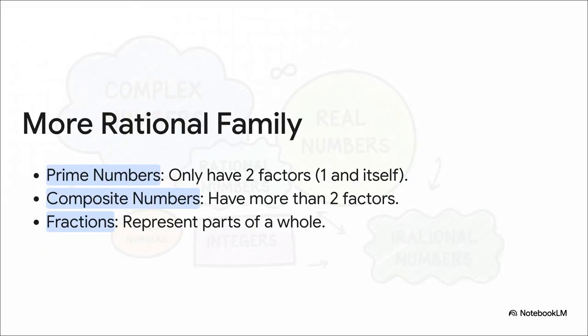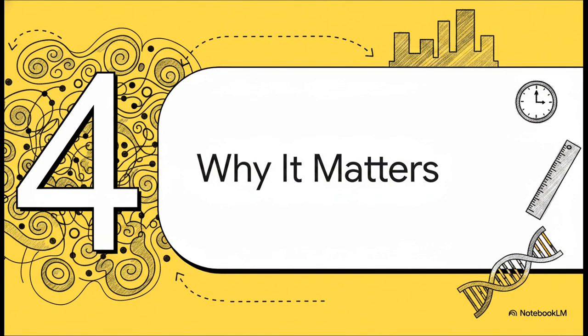We can classify integers as either prime, those are like the fundamental atoms of the number world, only divisible by 1 and themselves, like 7, or composite, which are built from primes and have more factors, like 6. And of course, filling in all the little gaps between these integers are the fractions themselves, just representing parts of a whole. So we have this beautiful, organized map of every number.